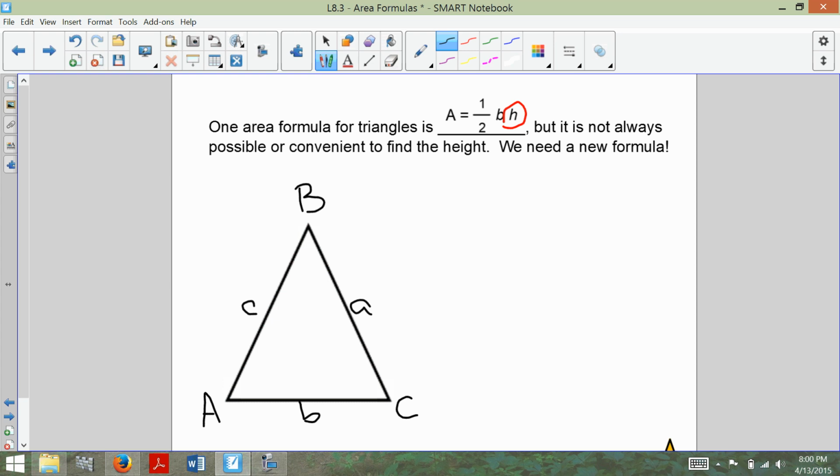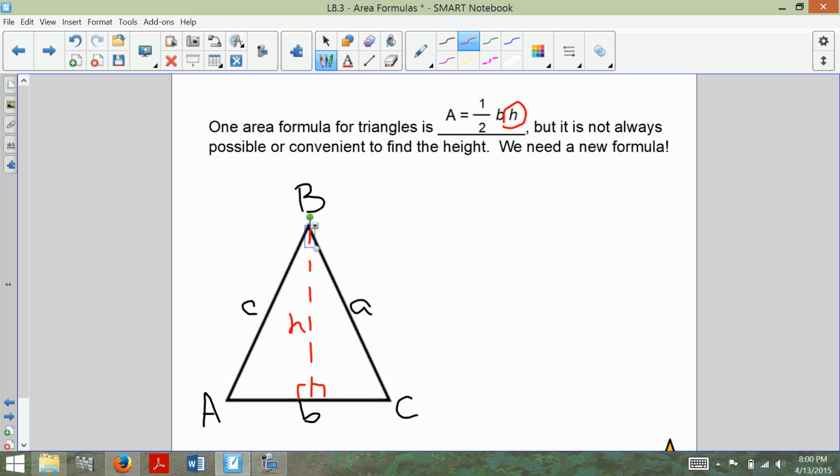And what I want to do, again, is get rid of the height in the formula. So we need to know how big is the height in this triangle. So if I go ahead and actually draw in an altitude, draw in a height in this triangle, it's going to make two right triangles, and we can call this h for that length. So how big is the height? Well, we can use trigonometry to figure that out.